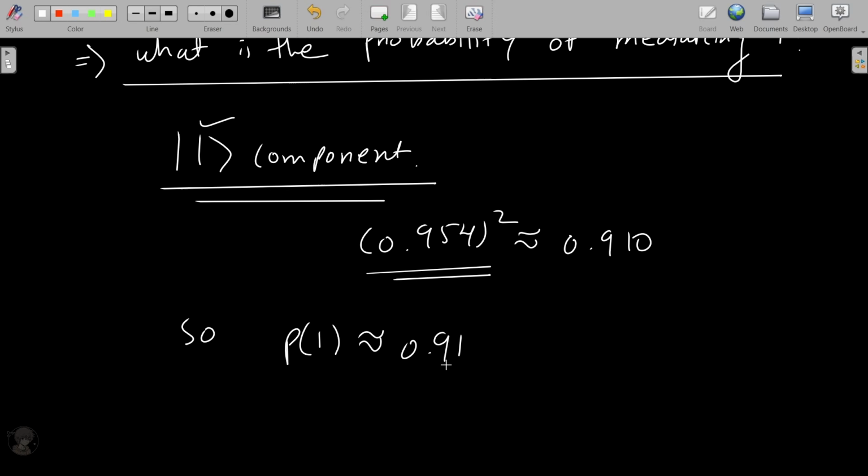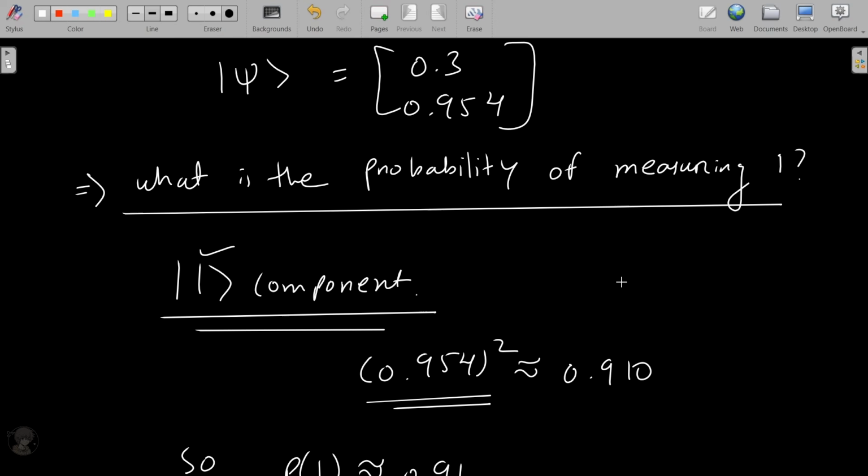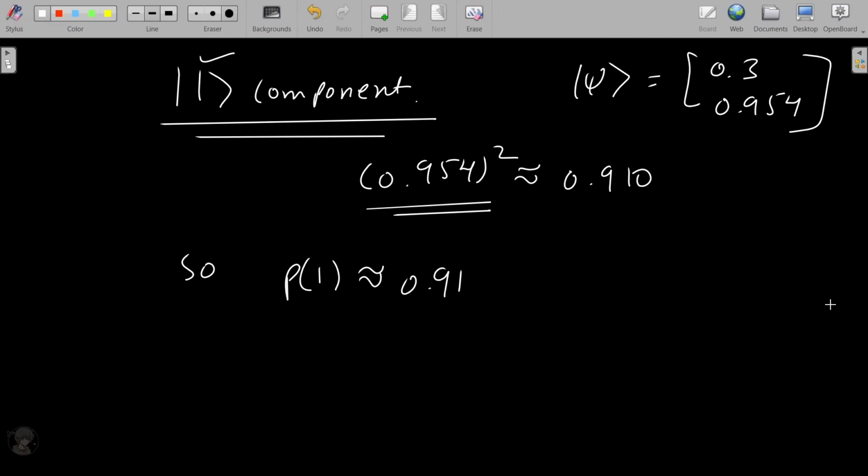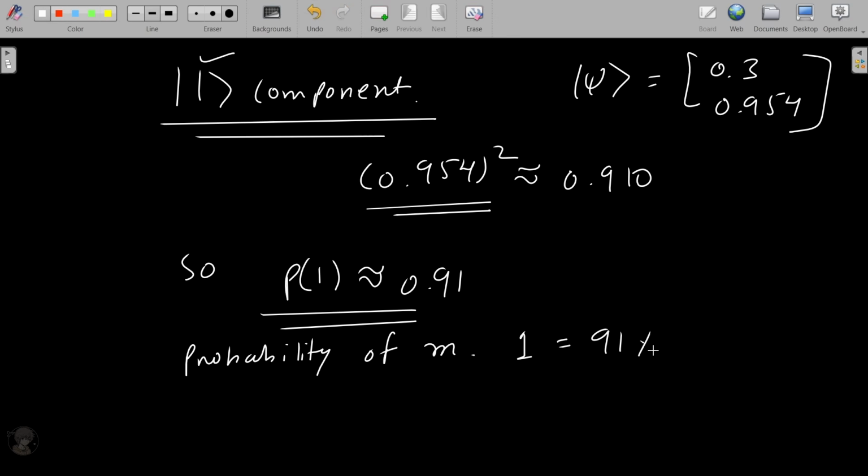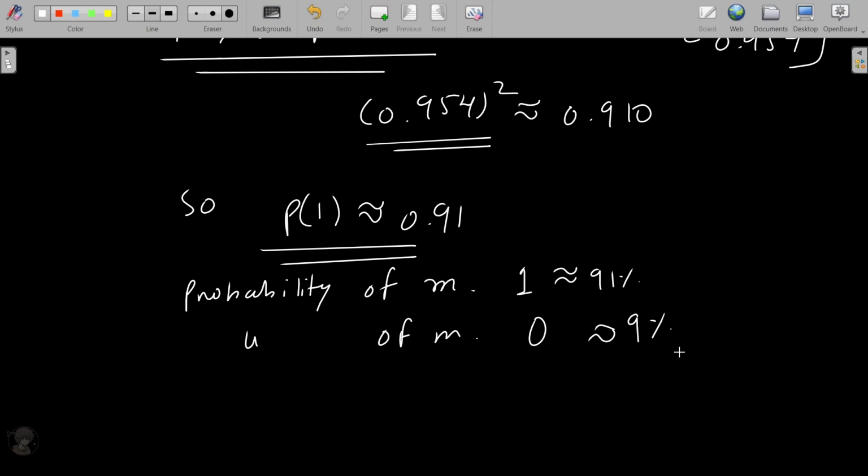That means the probability of measuring 1, let me write it over here so you can better see it, is 91%, and the probability of measuring 0 is almost 9%, because probabilities must add to 1.